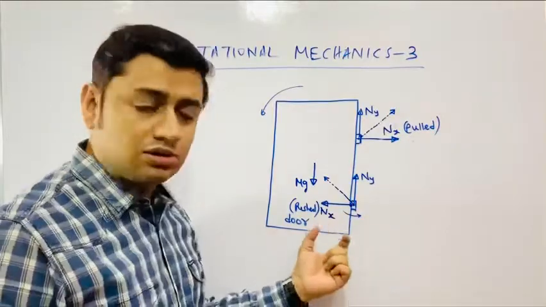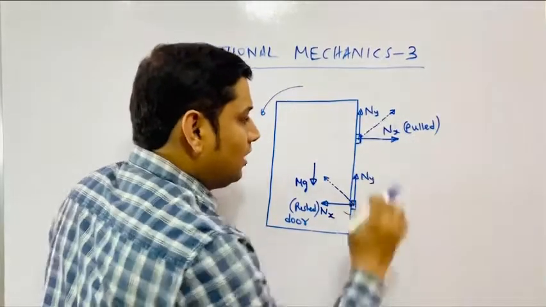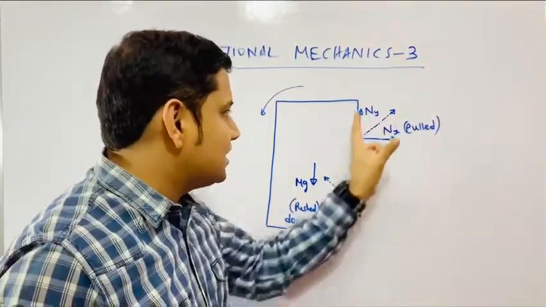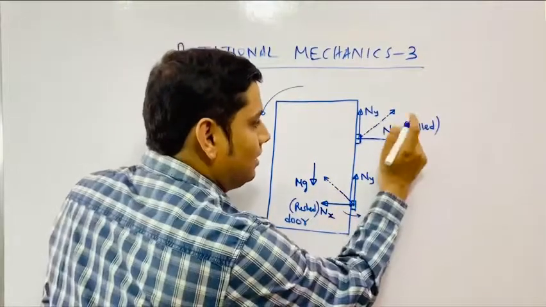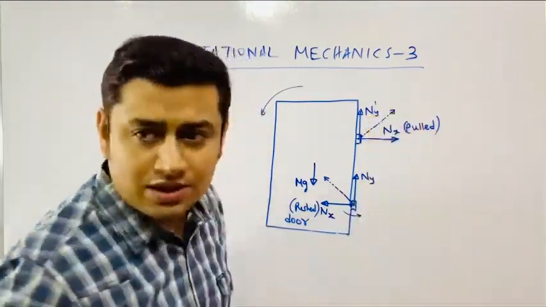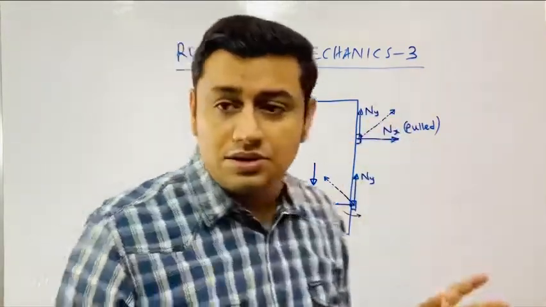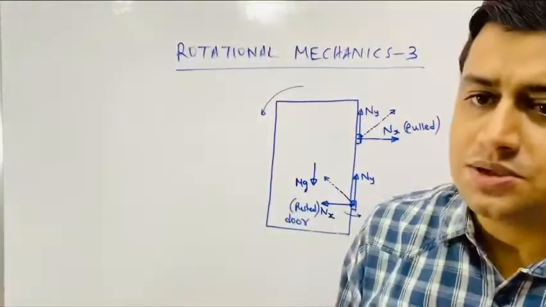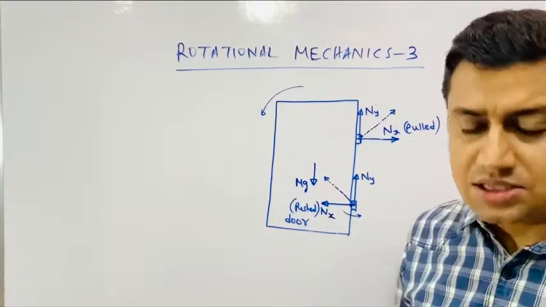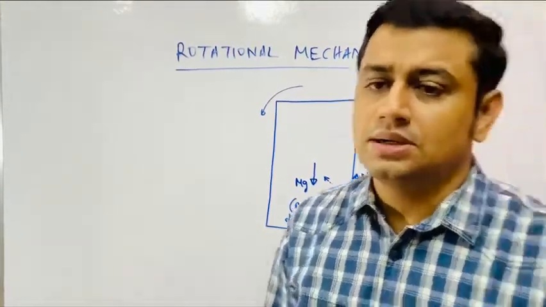This is because under root Nx square plus Ny square should be equal to under root Nx square plus Ny dash square. Therefore, Ny dash and Ny must be the same, because the magnitude of force from the two must be the same. Okay, this is the mechanism of how a door is placed.